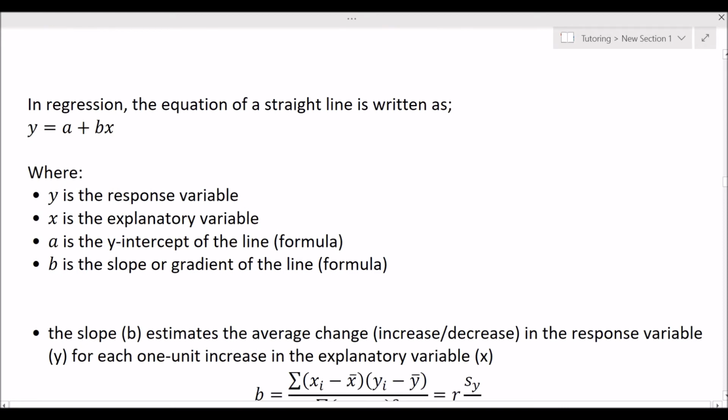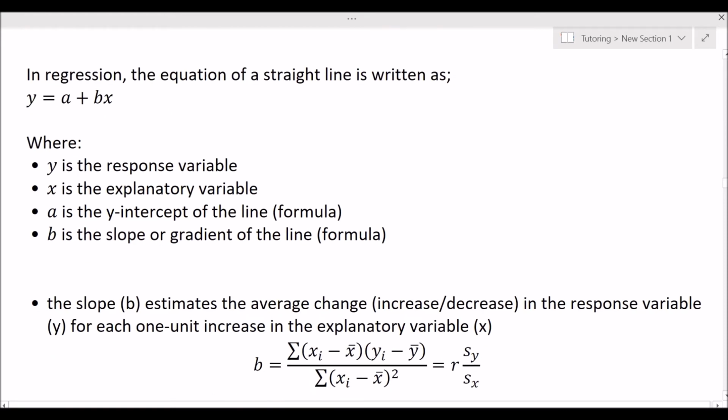So in this example, we are using the equation y equals a plus bx. y is still the response variable, x is the explanatory variable, a is going to be our y-intercept instead of c, and b is going to be the slope or gradient of the line instead of m.